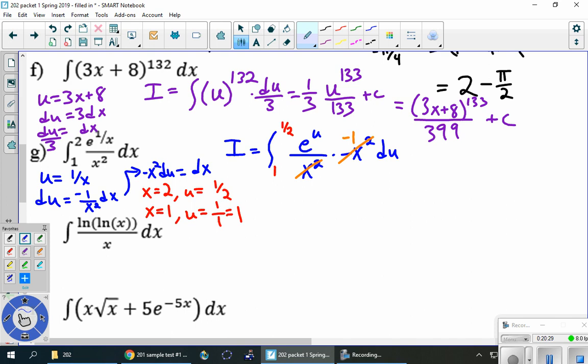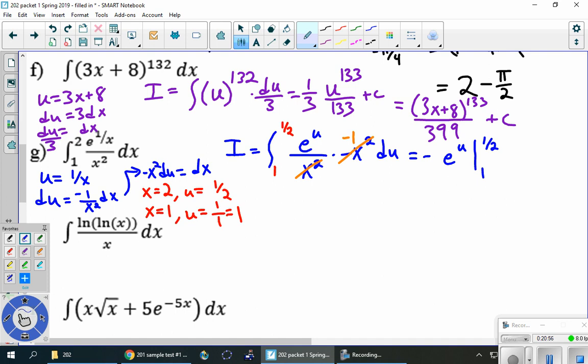Okay, let's finish. I see a negative 1. I'm just going to put that on the outside. All that's left is the integral of e to the u du. That is simply e to the u. But we're not doing the plus c here. We're just integrating from 1 to a half. And literally, we are plugging into u 1 and a half. We are not going back to the 1 over x, and we're not going back to the 1 and the 2, the original limits of integration.